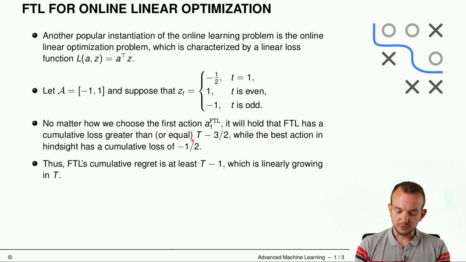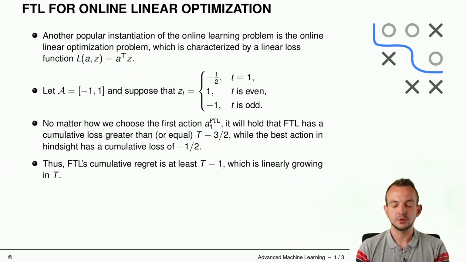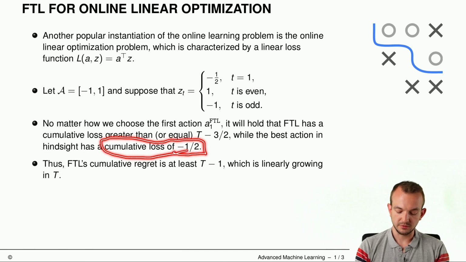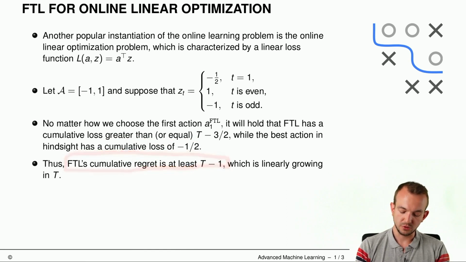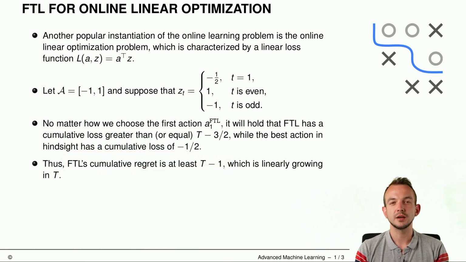But combining these two, the cumulative loss will be at least t - 3/2, and the best action in hindsight has a cumulative loss of -1/2. It means, if we combine the two, that the cumulative regret of the follow-the-leader algorithm will be t - 1, and it is linearly growing with t.